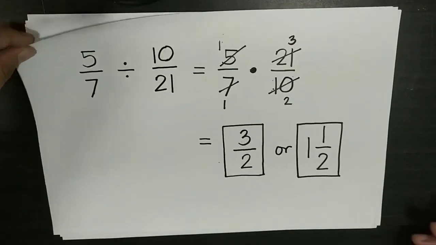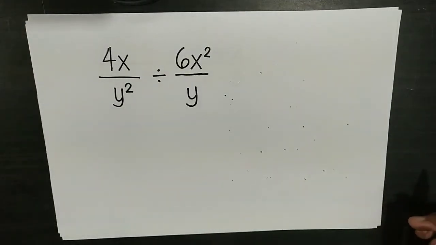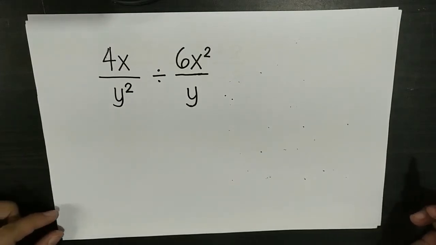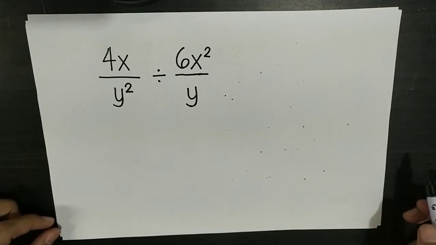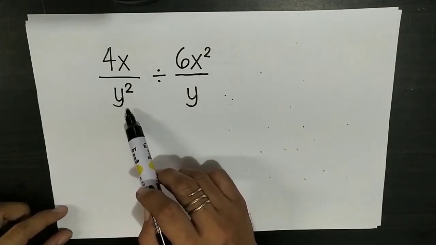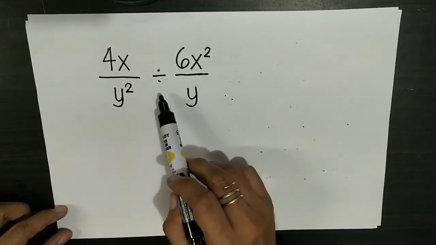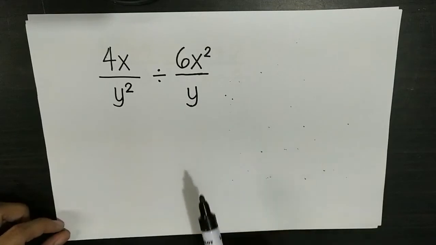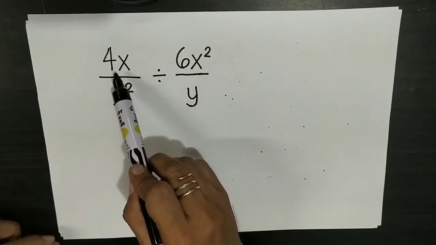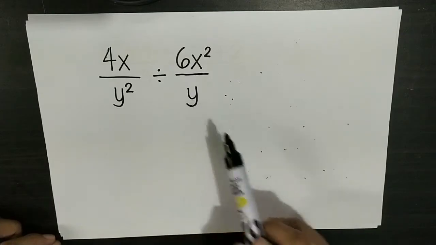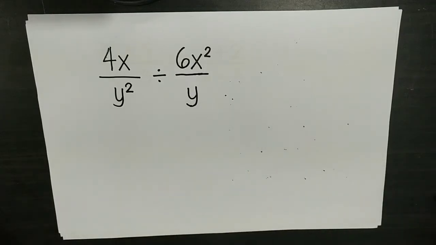So let's try this example. At this time, we have variables in the rational algebraic expressions. So 4x over y squared divided by 6x squared over y. As you can see, our numerators are all monomials and also our denominators are all monomials.